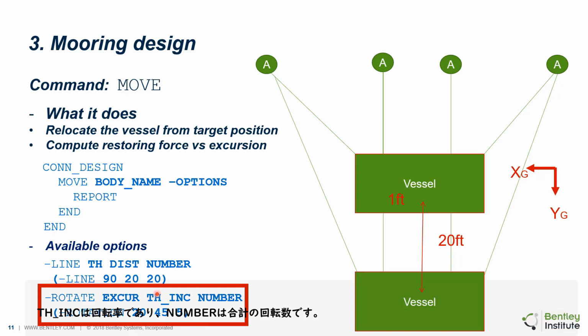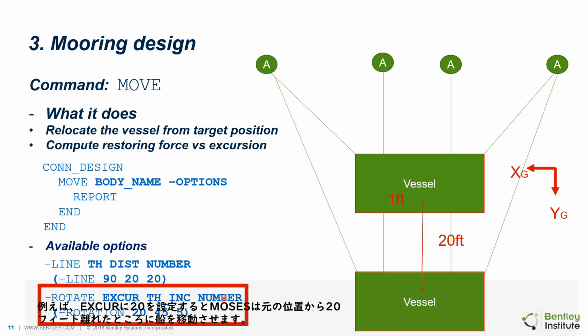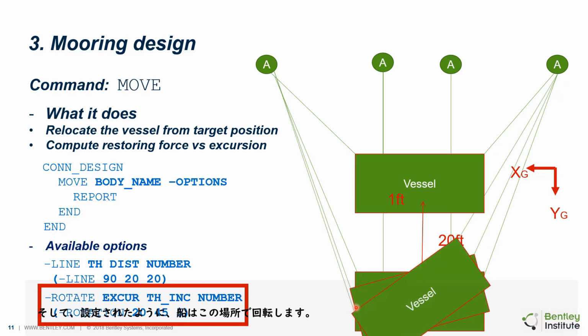THINC is the increment of the rotation, and the number is the number of total rotations. For example, if we specify 20 for the excursion, MOSES will locate the vessel 20 feet away from the initial position. Then, the vessel rotates at this position as specified. It gives us a restoring force report at each step.